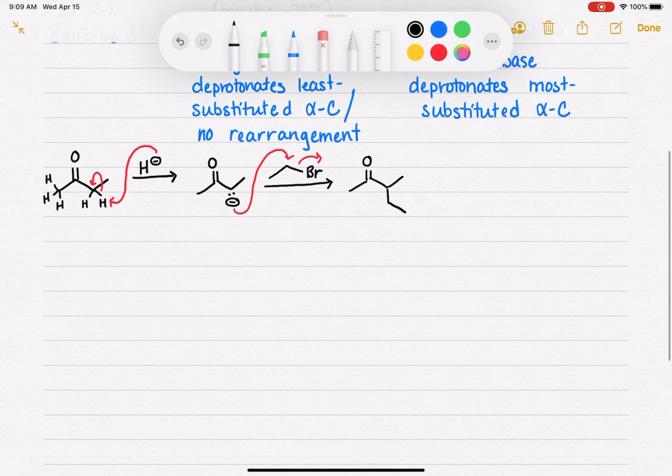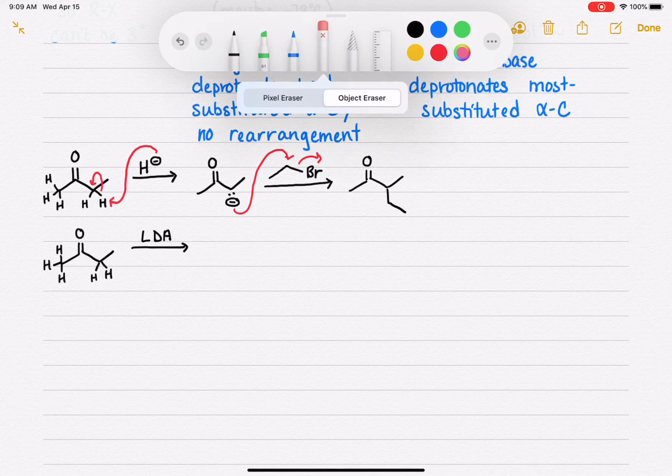For the LDA reaction, we're going to start the same way by identifying all of our alpha hydrogens, and we're going to ask ourselves, where can this base go? Where can it attack? Well, LDA is relatively bulky. Let me just draw its structure out.